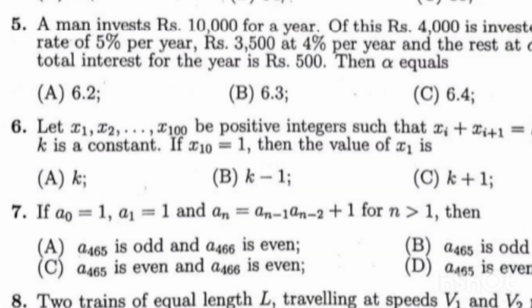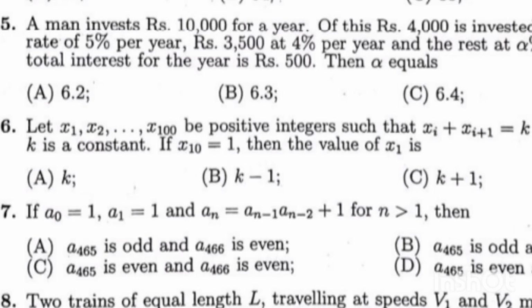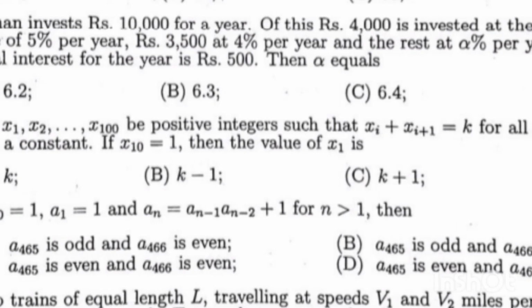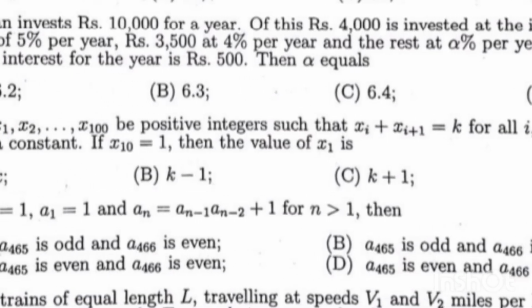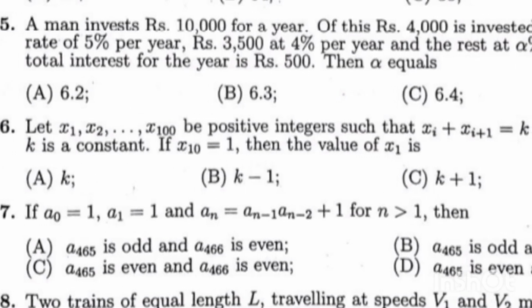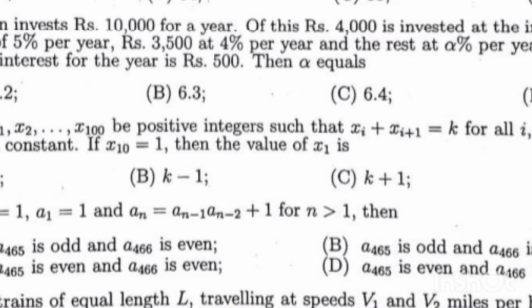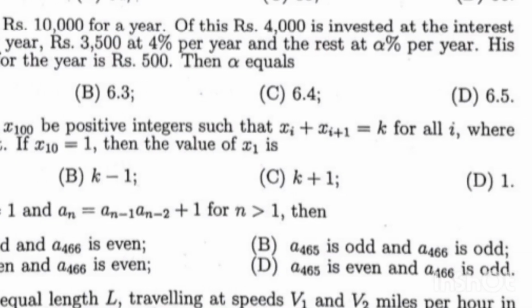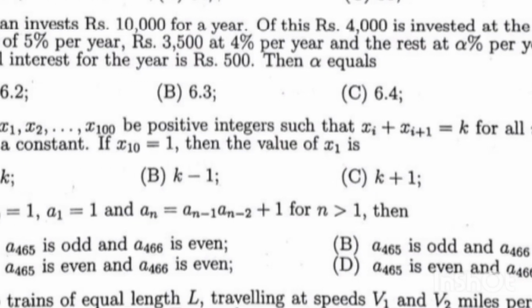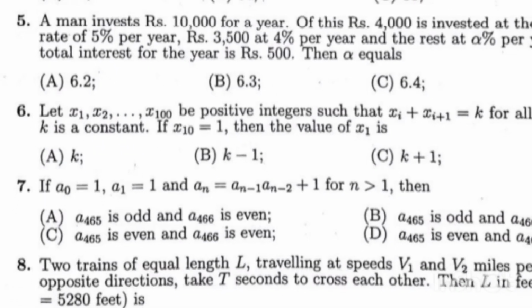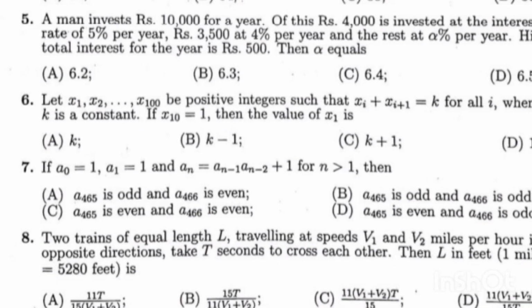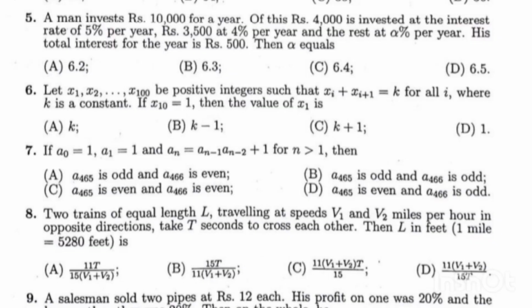Next question. A man invests rupees 10,000 for a year. Of this, rupees 4,000 is invested at the interest rate of 5% per year, rupees 3,500 at 4% per year, and the rest at alpha percentage per year. His total interest for the year is rupees 500. We must find what alpha is.